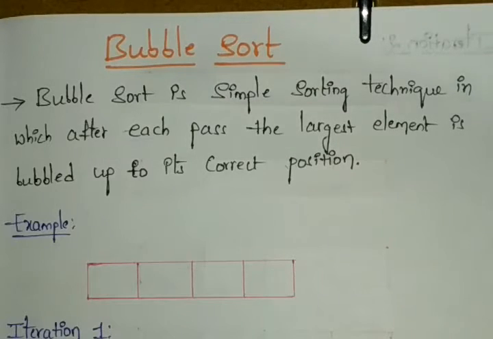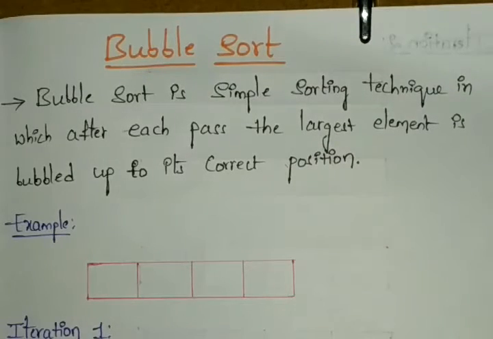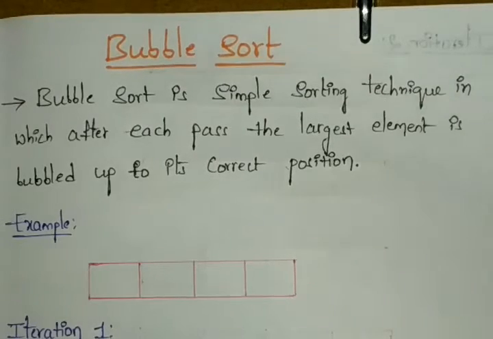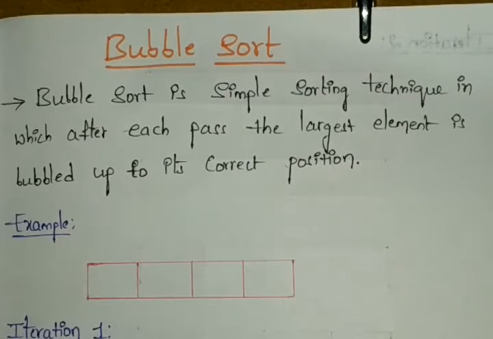In the first pass, the largest element bubbles to the correct position. First it finds the adjacent elements. It takes the first two adjacent elements. If the first element is greater than the second element, then their positions are exchanged.